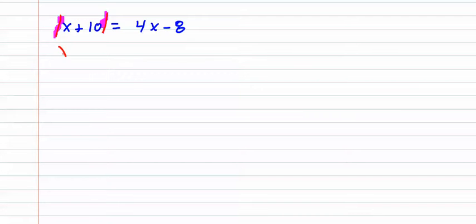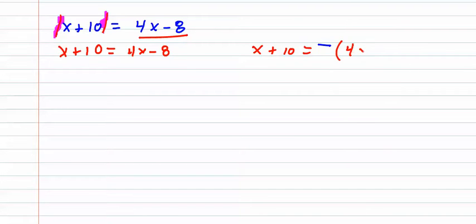Two equations. X plus 10 equals this, 4x minus 8, and x plus 10 is equal to the opposite of 4x minus 8. Notice I'm using parentheses. Minus, fix that, it's supposed to be minus 4x minus 8.